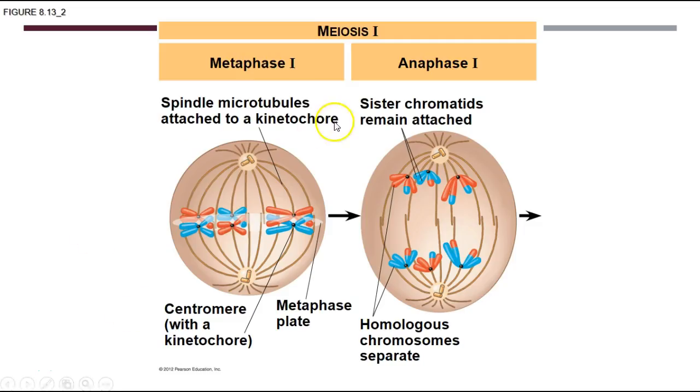So here we have our tetrads lined up together. This time, instead of a spindle fiber from both poles attaching to a chromosome, they attach either to one or the other, and then those are separated or pulled apart in anaphase 1.